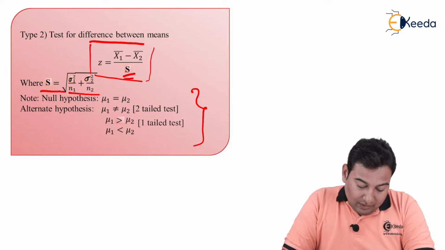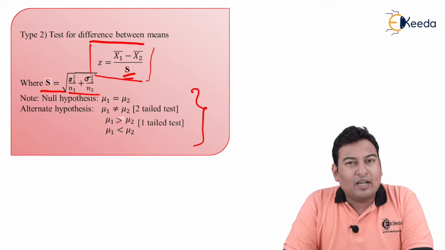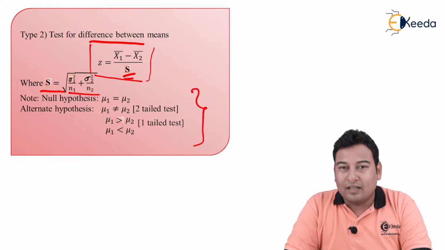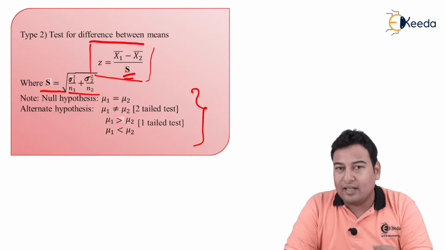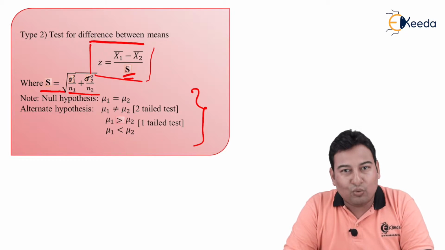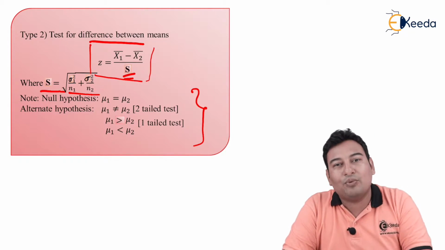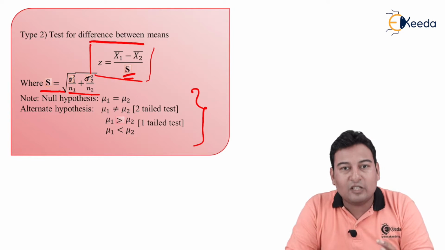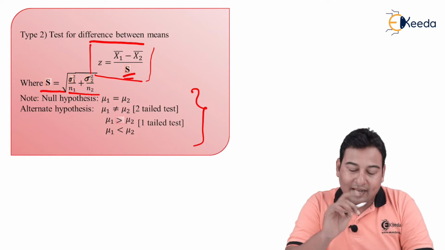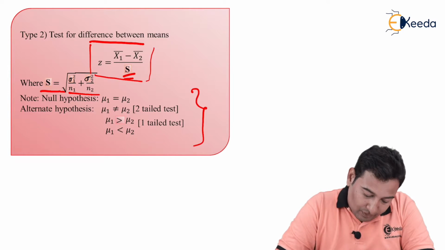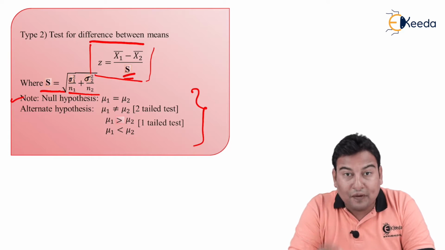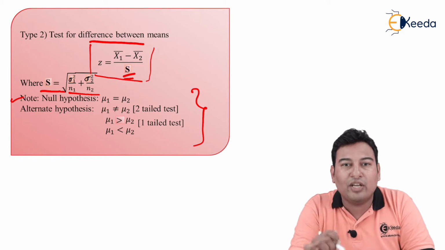Now, as already told you in type 1, test for single mean, you need to remember the null hypothesis and alternate hypothesis. We discussed that in that type the null hypothesis was mu equal to the given value, and in the alternate there were three options: not equal to, less and greater. The same way in this type you need to remember this. The null hypothesis is fixed irrespective of the problem: mu1 equal to mu2.